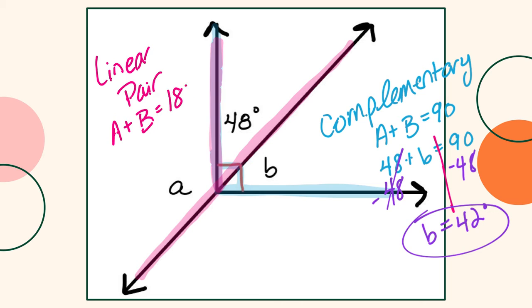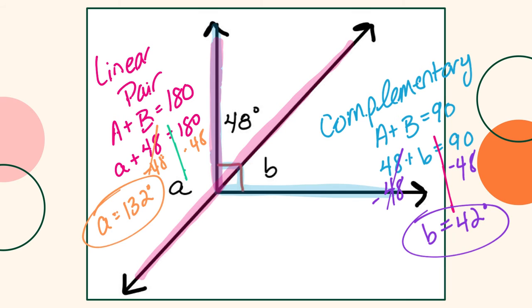So I'm going to take my A plus 48 degrees equals 180, and then I will solve. So I'm going to subtract 48 on both sides. And when I do, I get that A is equal to 132 degrees. And that's how I find the angle measures for my linear pair and my complementary angles.